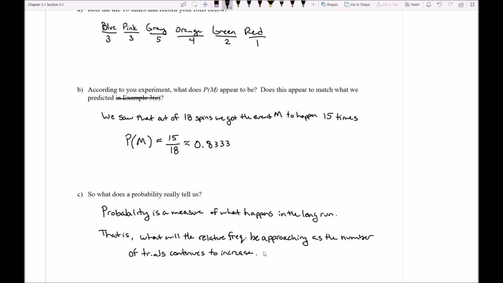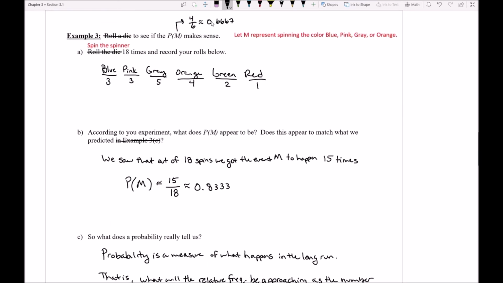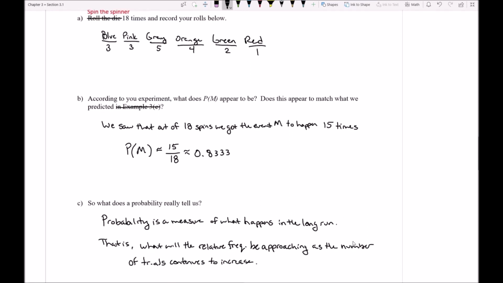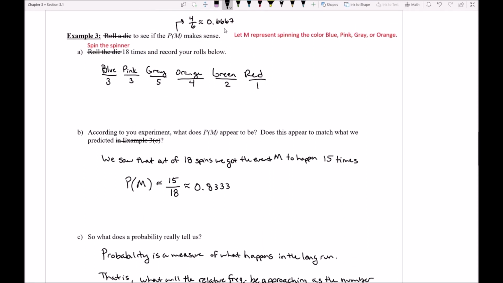So that measure of probability is telling me that if I continue to repeat this experiment over and over, I don't just spin 18 times, but I spin maybe 18 million times, then this percentage here will slowly begin to approach the value that I calculated up here.